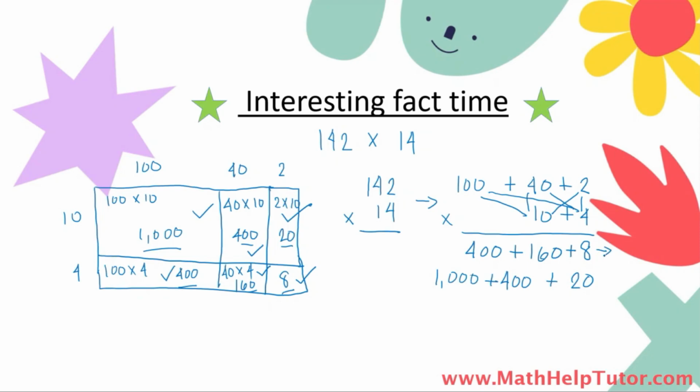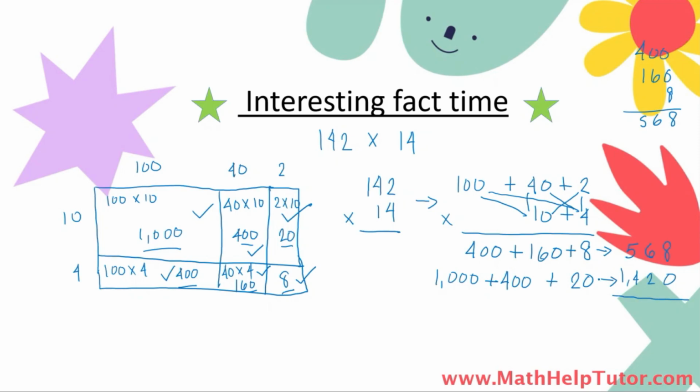So this, which is the parts of the first number multiplied by the first part of the second number, if we add all this up, we get 568, right? This is like 400 plus 160 plus 8. That's 8, 6, and 5, 568. And then if we add all this up, that's 1,420.